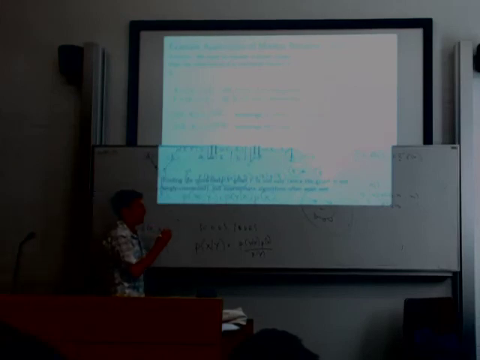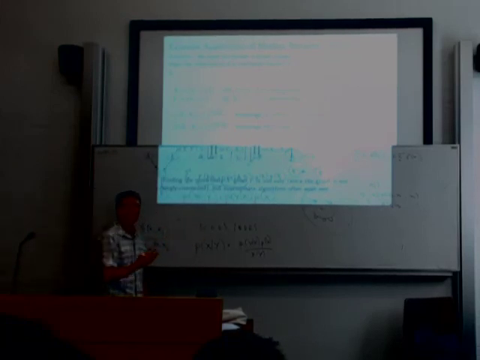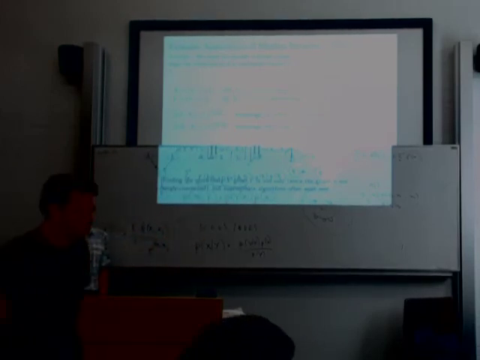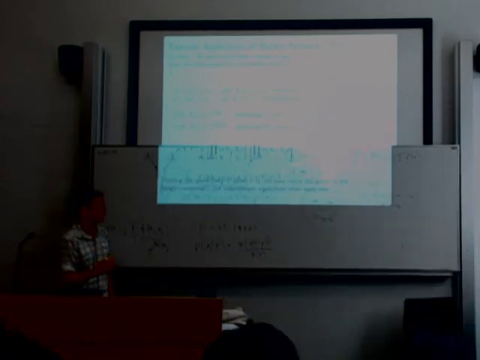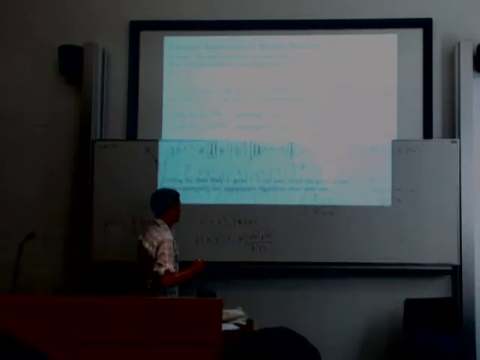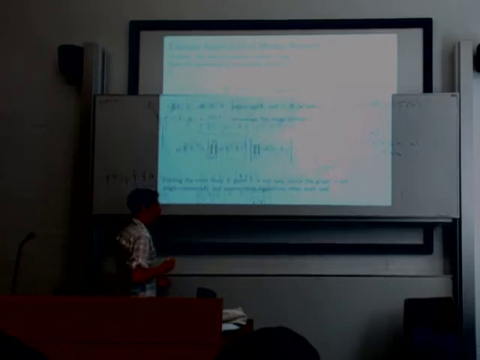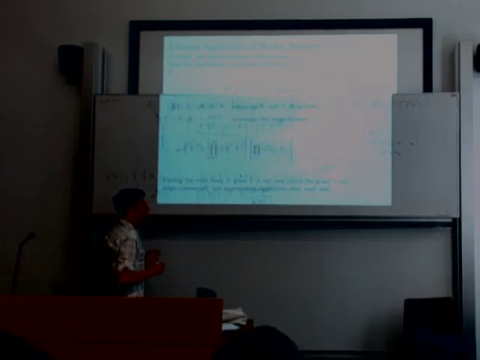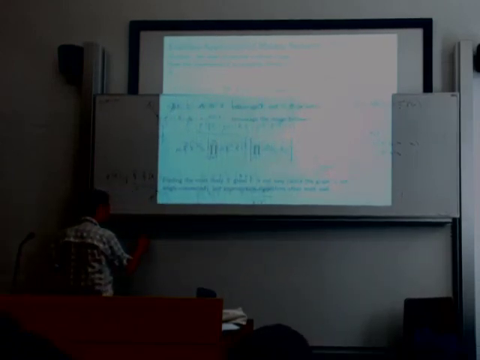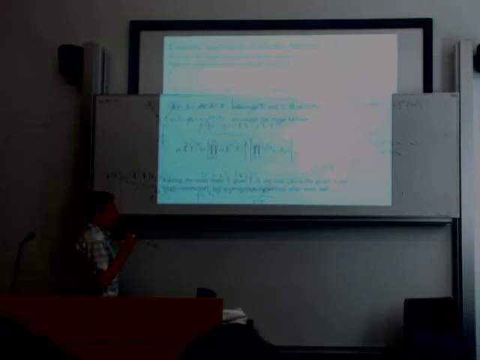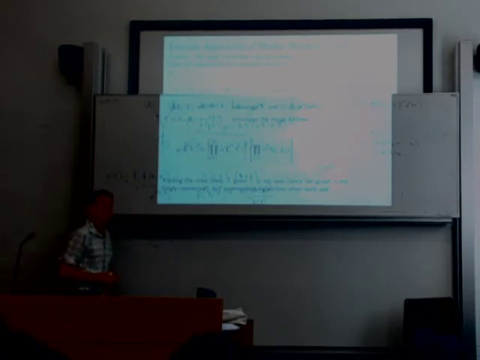So you might ask, what is the most likely clean image given this corrupted image? So you might want to find the maximum, which image is going to be the most likely from this posterior distribution.